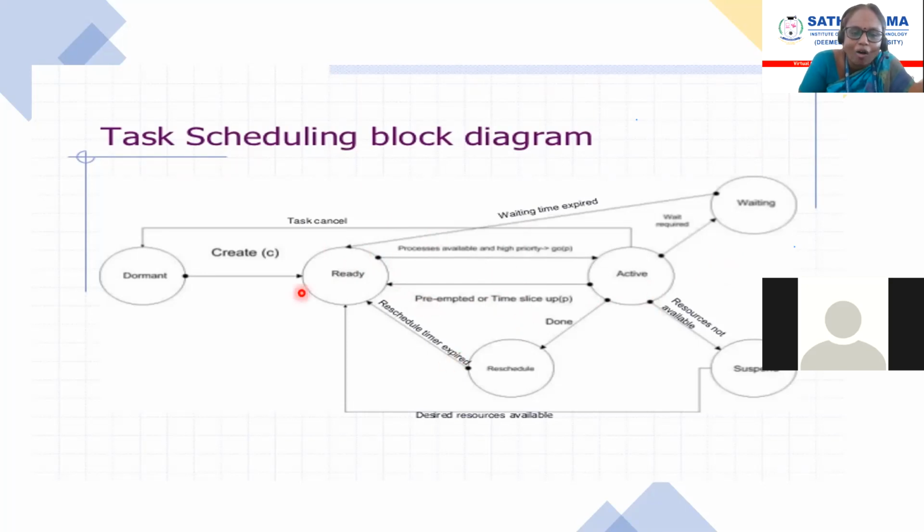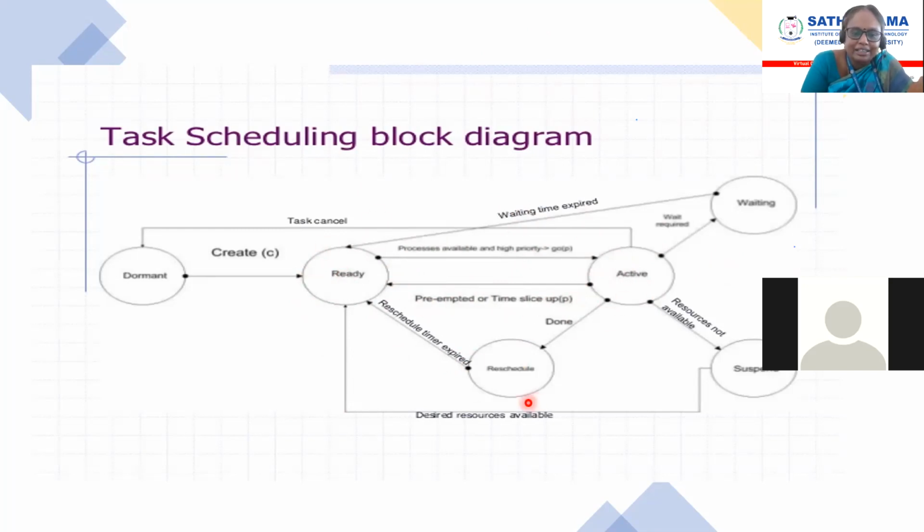So you have seen that these are all the active mode, I am just having the arrow marks. So you have seen all these are coming inward to the ready. In that ready, you have seen that if my waiting time is expired, what happens? Once again I have to activate my task. Or else here, when a process is available and high priority, that only goes to the active mode. So preempted or time slice, once again I have to reschedule the task and run the task.